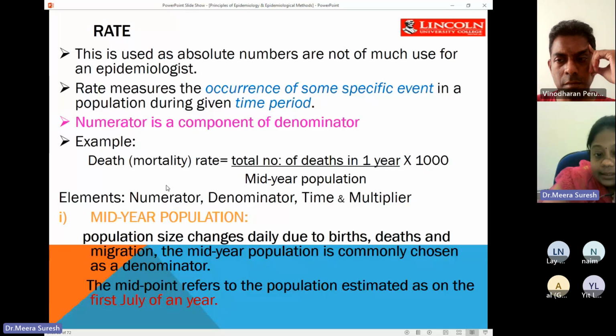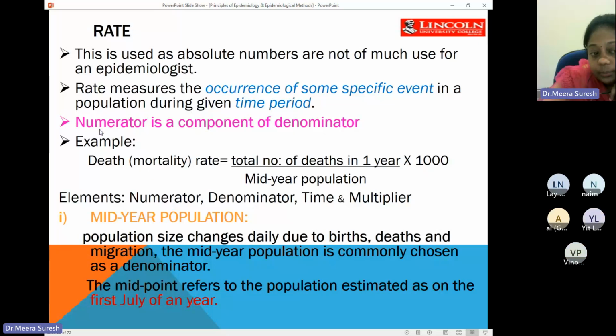Another important point is that the numerator is a component of the denominator. Whatever we put in as numerator will be a part of the denominator. For example, the total number of deaths in 1 year. We are talking about mortality rate, where the number of people who are dying in 1 year is divided by the mid-year population.